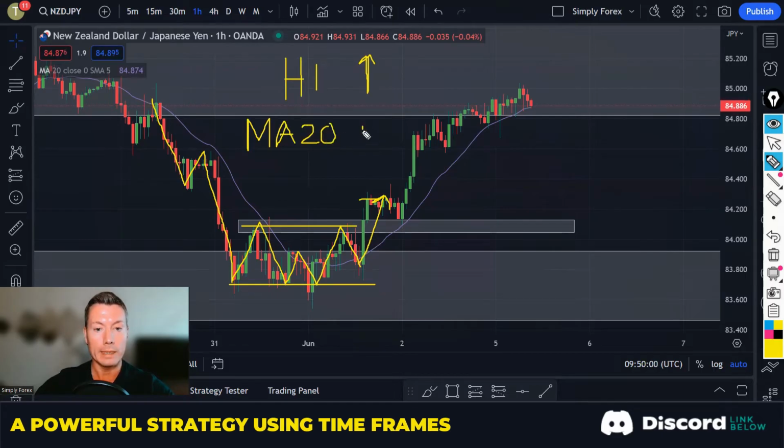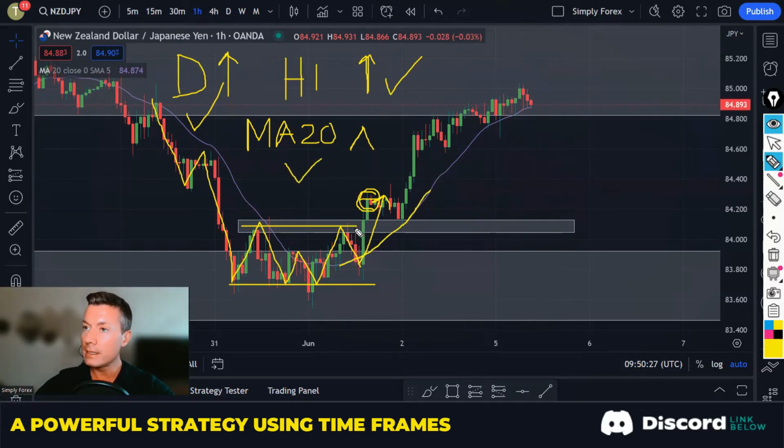This gray line running through my chart is the moving average 20. Remember, the daily is in an uptrend, tick. H1 structure at this point is in an uptrend, tick. And we're above the moving average 20 here, tick. This is a prime time entry. We love this entry.